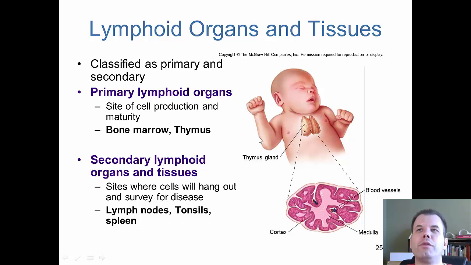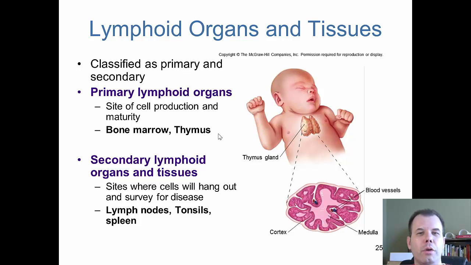All right. Now we have two types of lymphoid organs: the primary lymphoid organs and the secondary lymphoid organs. The primary lymphoid organs are things like the bone marrow and thymus. So when we think of primary, think of where white blood cells are formed. All our white blood cells are formed in the bone marrow. And then the thymus is an important gland for maturation.